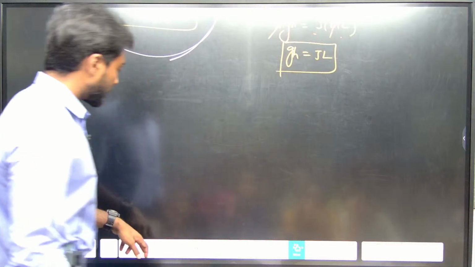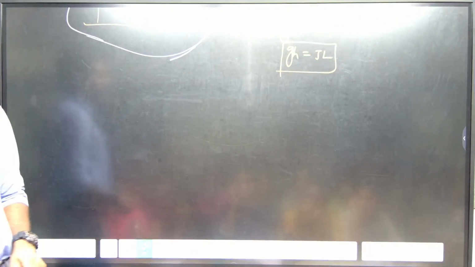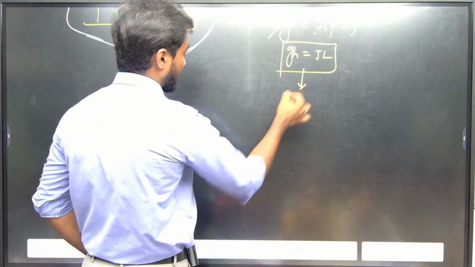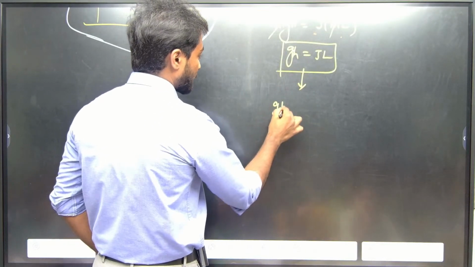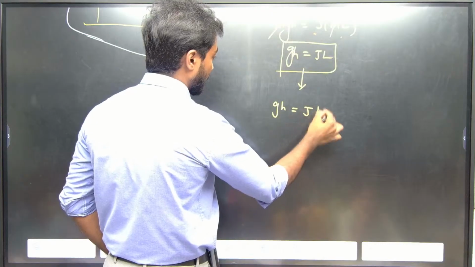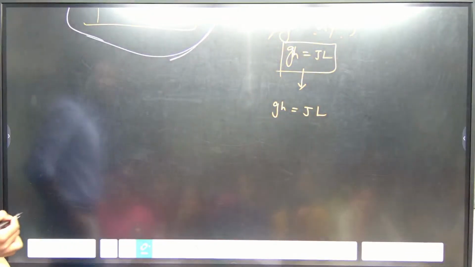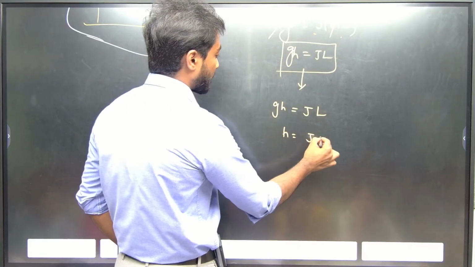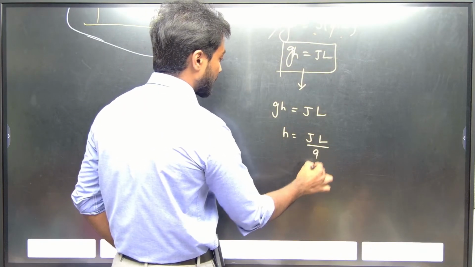Which formula do I need to use here? g h equals J into L. I need to find h, so h will be equal to J times L by g.